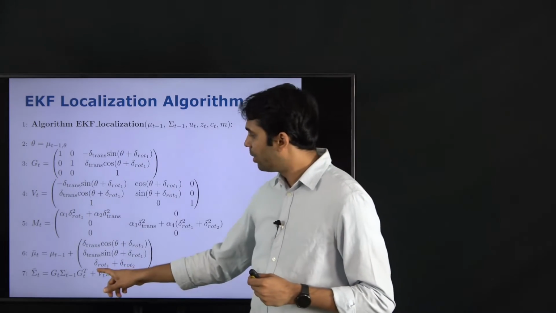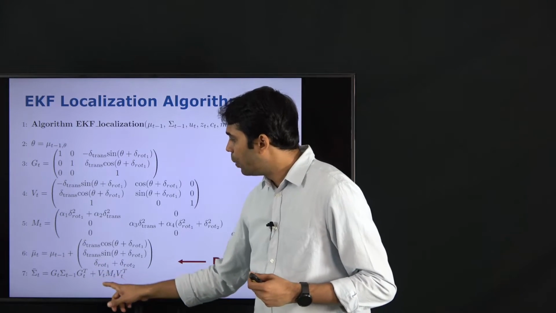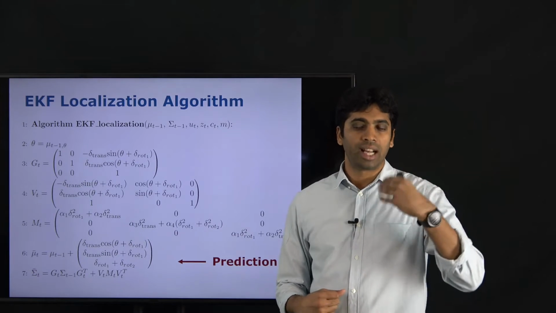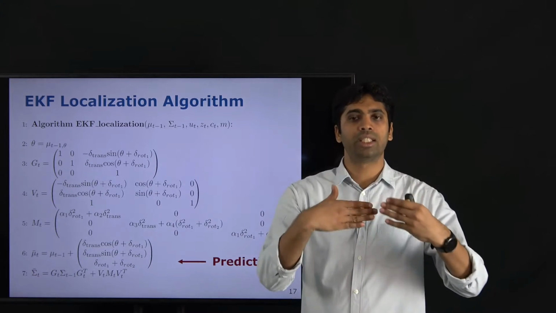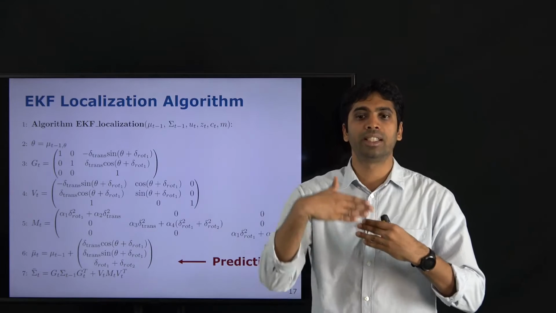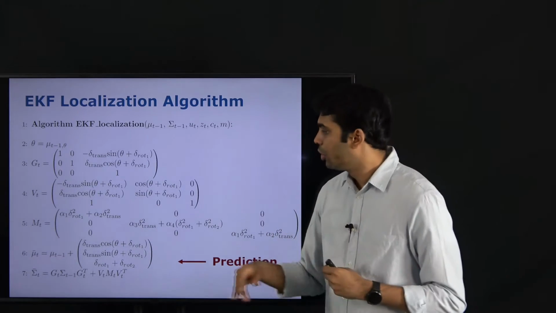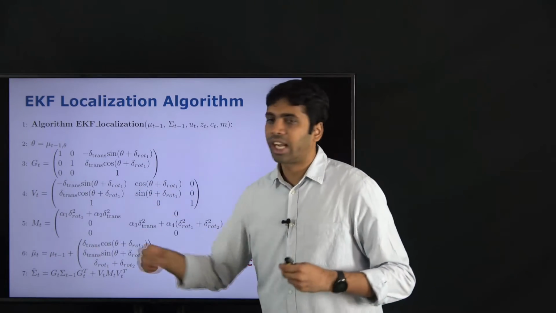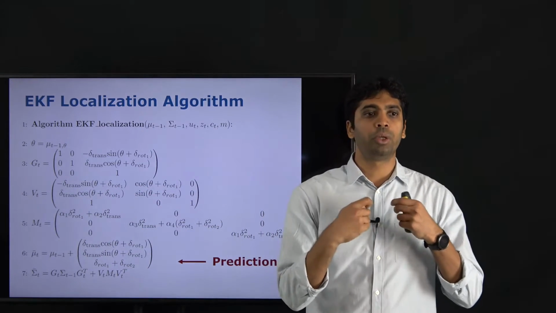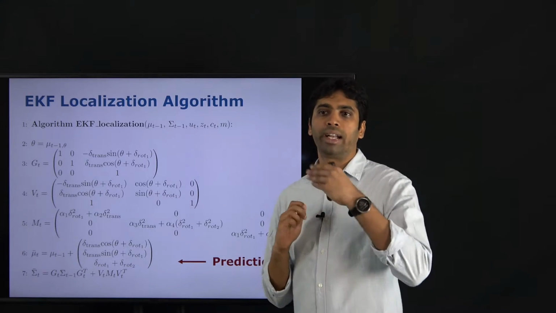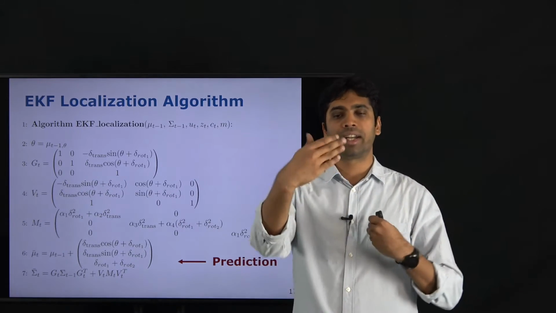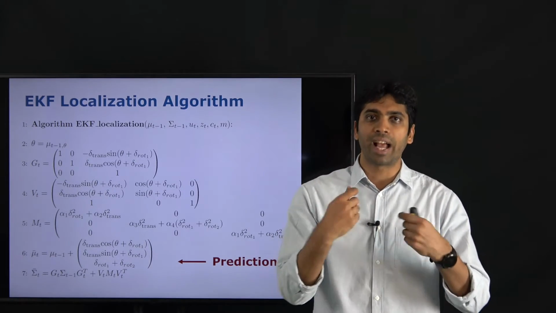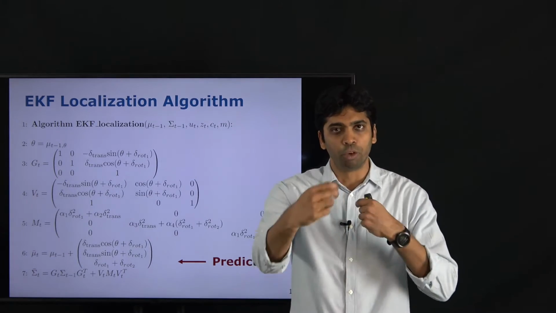There's a second term here, which is the uncertainty that is added due to the noise in the motion step itself, or the noise in the control space. Mt here is this matrix, which encodes what the noise is when you make a particular movement. If you do a delta rotation 1, a delta translation and a delta rotation 2, what's the actual noise involved in carrying out this particular movement?